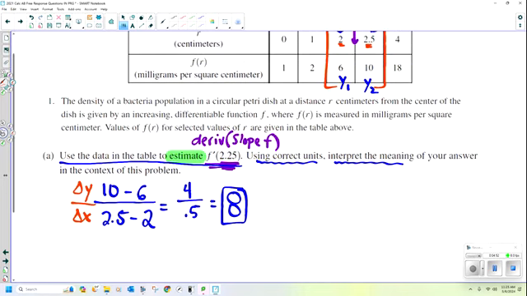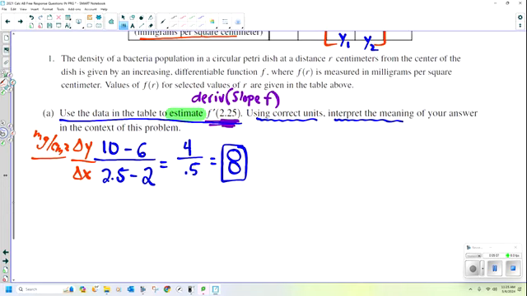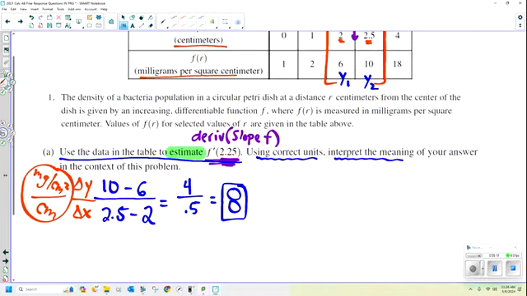It's milligrams per square centimeter. So I'm just going to say this is milligrams per square centimeter. But that should be over my x, or in this case r, which is centimeters. So my label should be milligrams per centimeter squared per centimeter. That is a mouthful. I feel like I've said that a couple of times now, but don't judge me, kids.